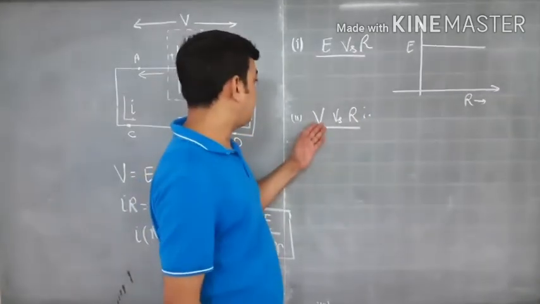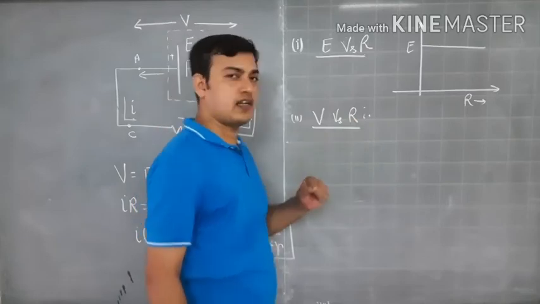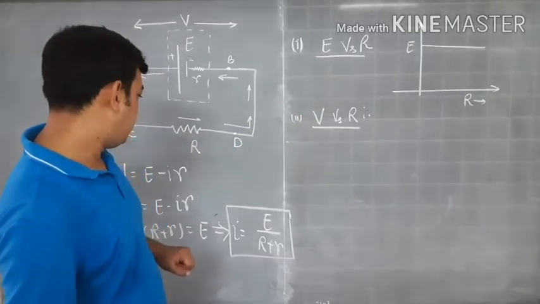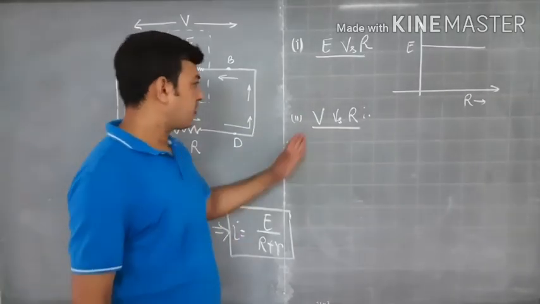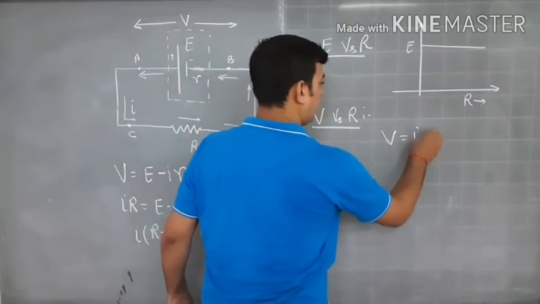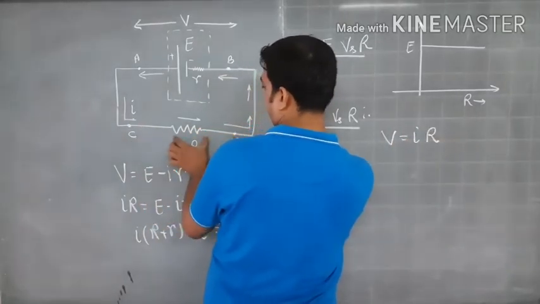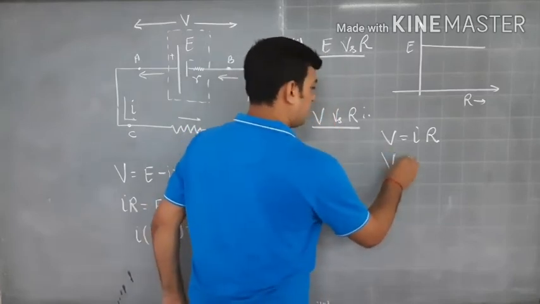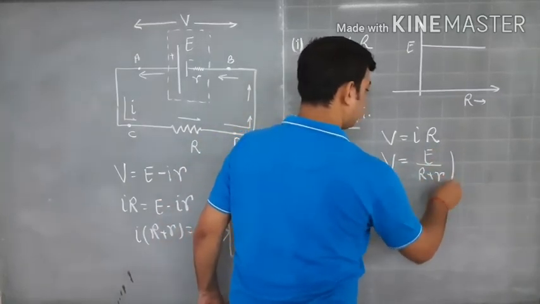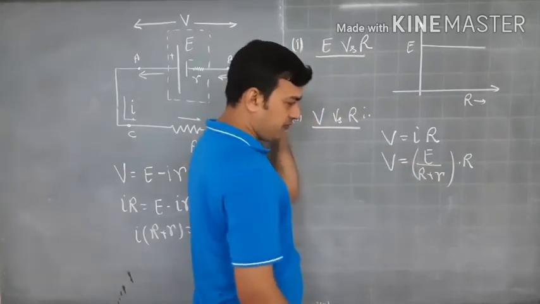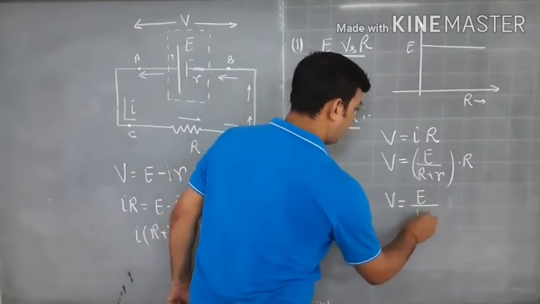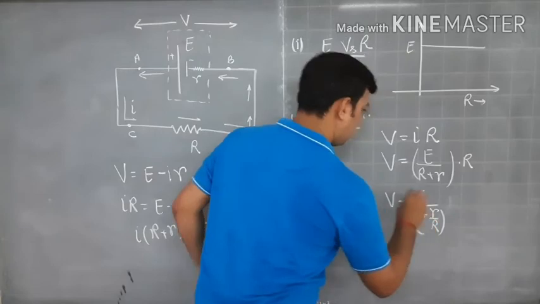Now if I am interested in the variation of terminal potential difference with external resistance, definitely this external resistance will affect this V. It can be summarized by the equation that for this external resistance I can write V as I into R. This is the potential drop across the external resistance, and we have the value of I as E by (R plus r), that is the net resistance, multiplied by R. If you simplify it, I can write V equals E by (1 plus small r by capital R).